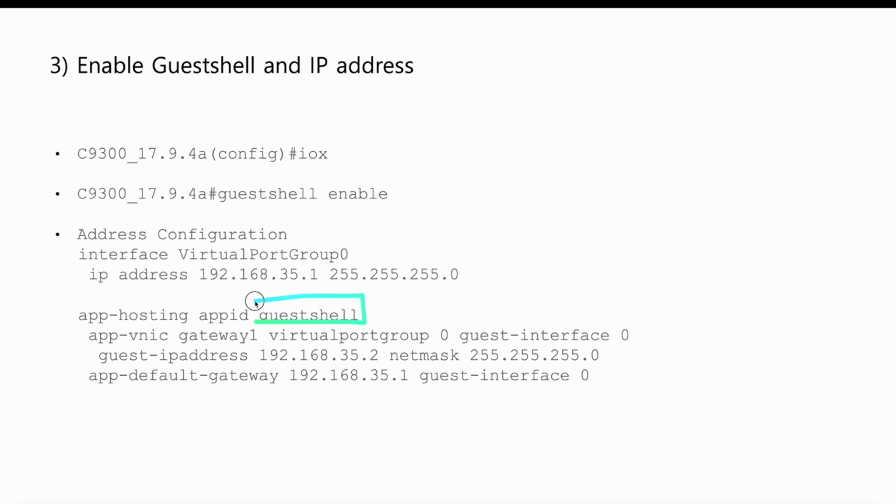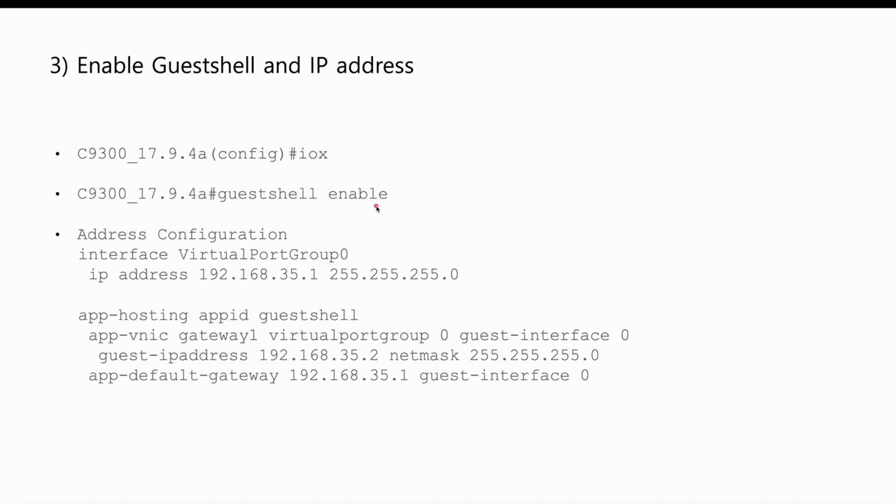We have to be careful about typos and mistakes here. You have to make the first interface, a virtual interface, and give it an IP address. Also, there should be a gateway. Use this one, then enable guestshell, and it will take a little time for the interface selection, and then it works.